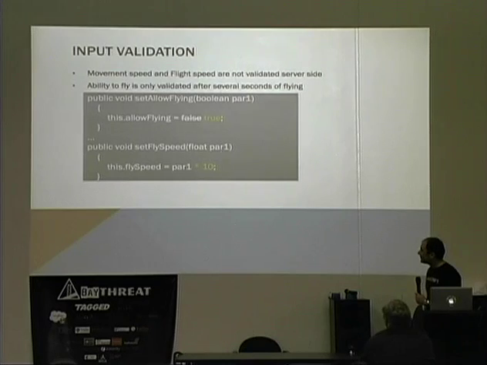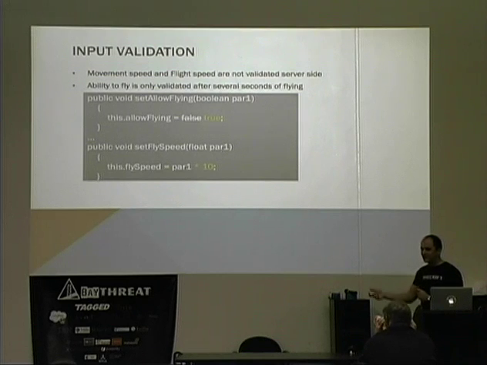The next couple things I looked at: most things are handled server-side as far as damage and managing the server, but there are a couple things that rely on the client to do. One of them is flying and speed. So it relies on the client to enforce a limit on whether or not it can fly and how fast it can move.